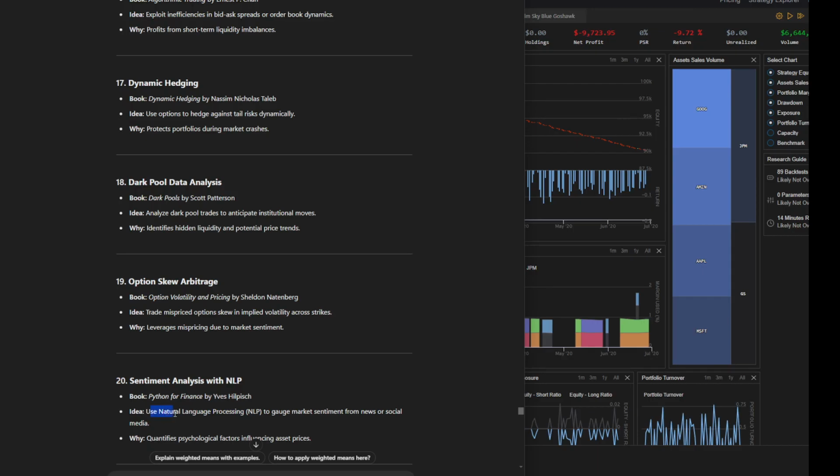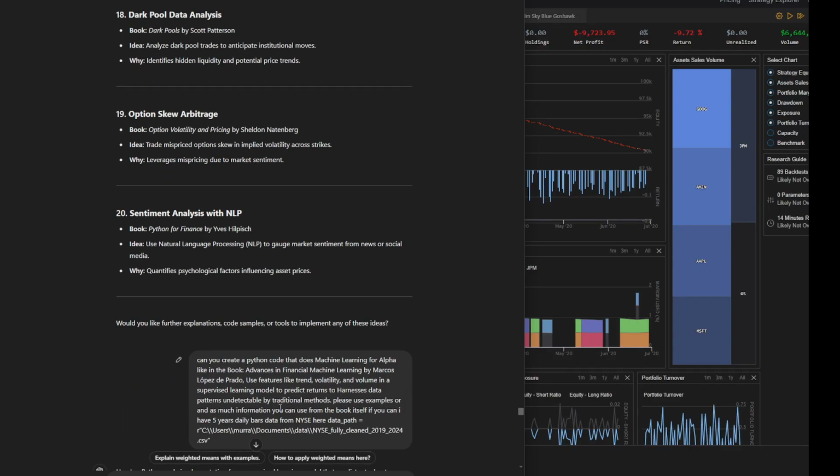Or is it? I'm not sure if you call that machine learning, but it's natural language processing. It goes off and scrapes data basically and uses it.